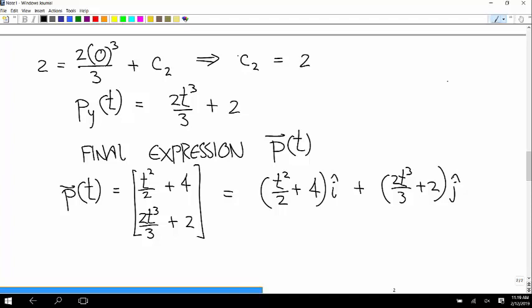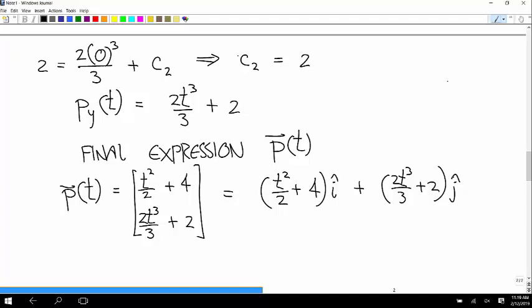What's its location? It's at 4, 2, which was what the boundary condition required. So if you draw your coordinate system, plot a point at the coordinates 4, 2, and that's the location of the object at time equals 0.